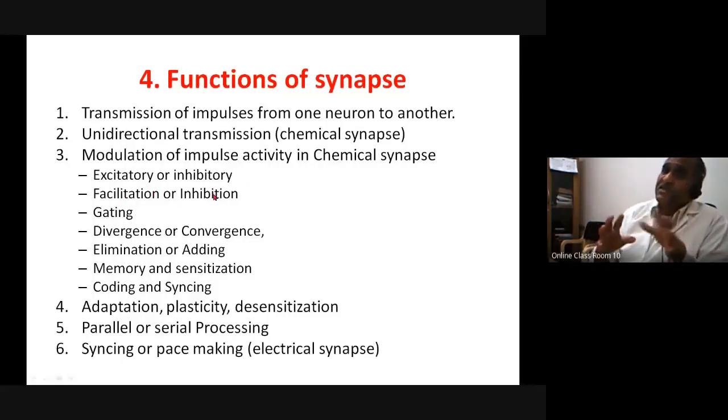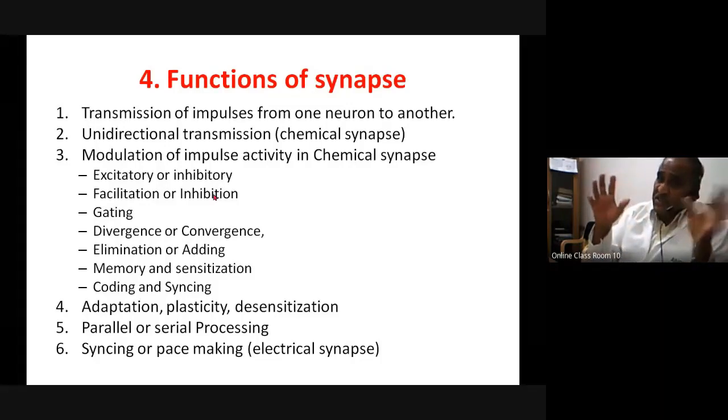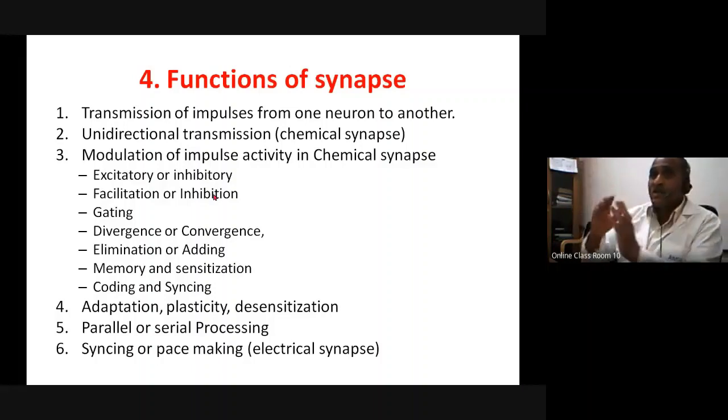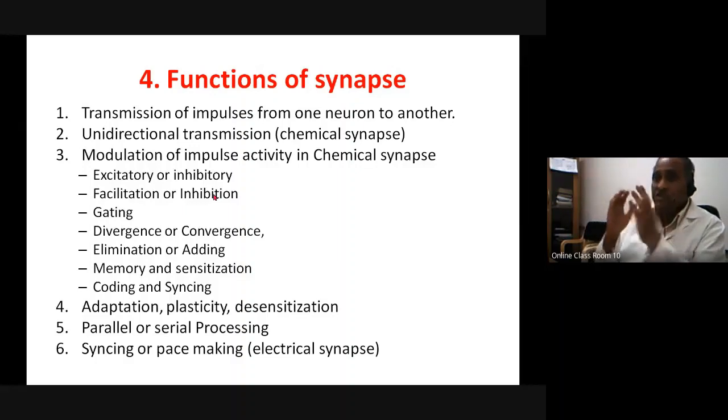Because of this synaptic transmission, whether there is a greater transmitter availability or a lesser transmitter availability, and gating, that is inhibition or suppression of the activity, divergence and convergence. So that means either all the activity is centered on one particular synapse, or they will try to disperse or focus to a particular part.